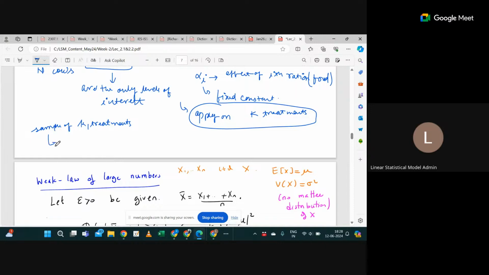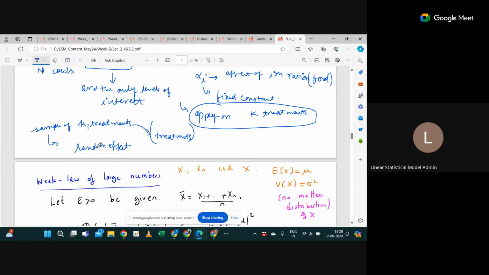Suppose you took a sample of k1 treatments, did your analysis and hypothesis testing, and then you make a conclusion. This conclusion will be applicable for all the treatments. In this case, I will say it's a random effect model.